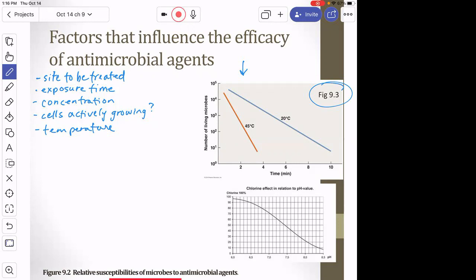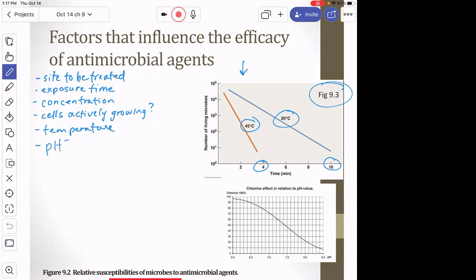The cells at 45 degrees Celsius, which is pretty hot, above 100 degrees Fahrenheit, only took about 4 minutes to kill them all. But at room temperature, the killing time was a lot slower. It took more like 10 minutes to kill the cells. So at higher temperatures, metabolisms are faster for cells, and they're probably going to die quicker.